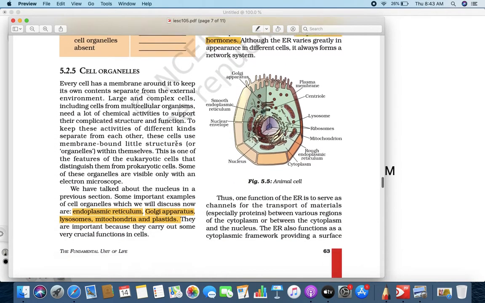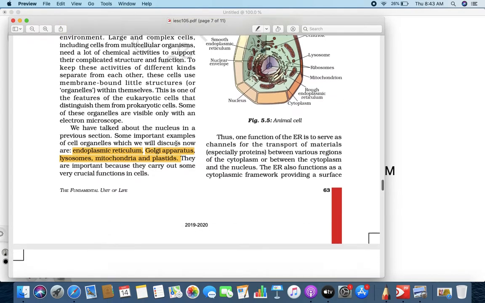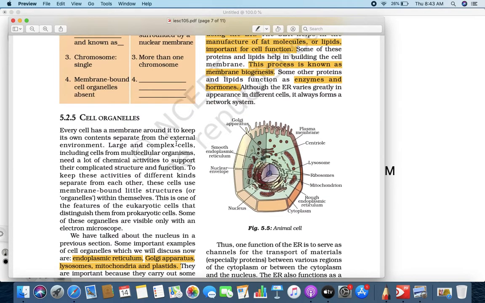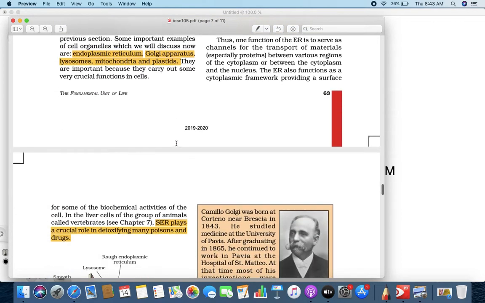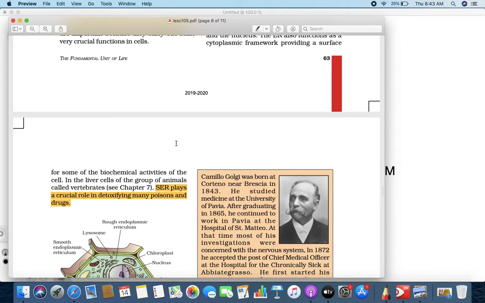Apart from that, it also helps in making enzymes and hormones. And I told you, the SER plays a crucial role in detoxifying many poisons and drugs. Detoxify means it will remove the poisons and drugs.